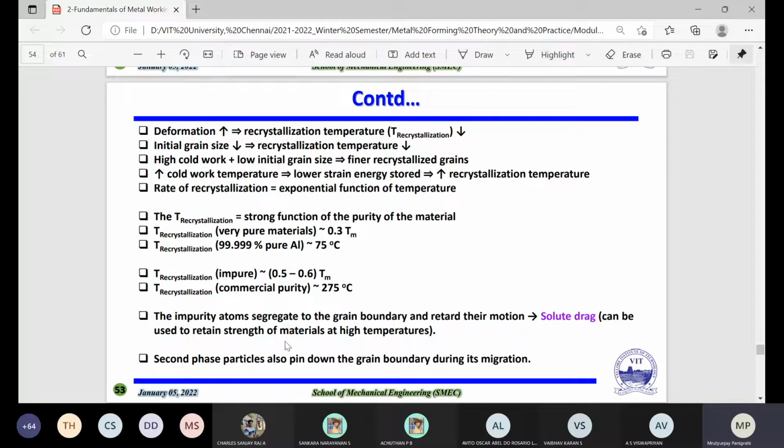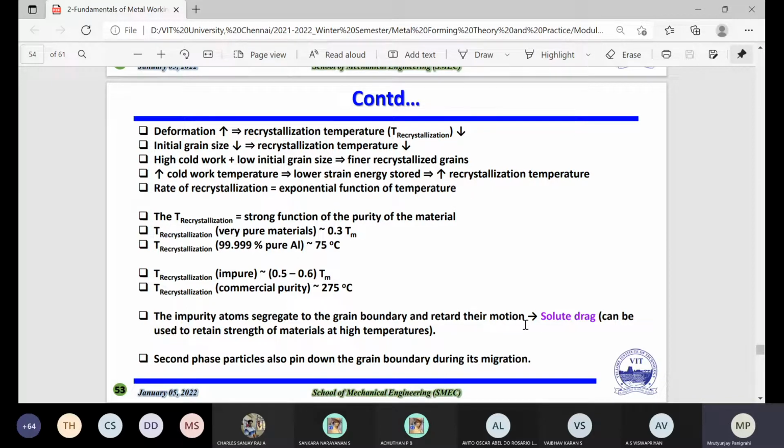The impurity atoms segregate to the grain boundary and retard their motion. So there will be friction, an obstacle there. The moment you find an obstacle, you have to overcome it.